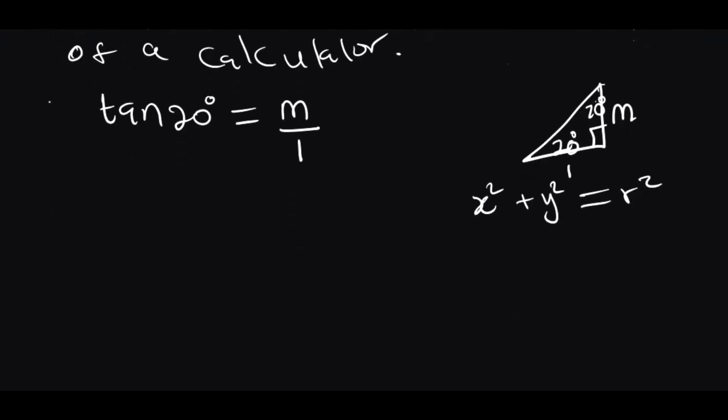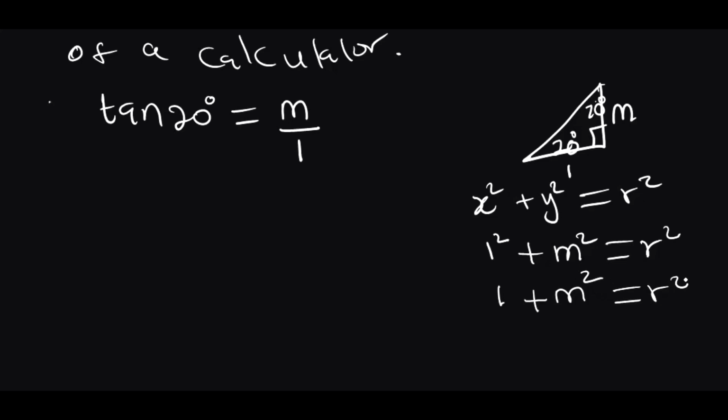Right. Now just substitute. Where there is x, we put 1 squared, plus where there is y, we put m squared equals to what? R squared. We know this 1 squared is 1, plus m squared equals to R squared.